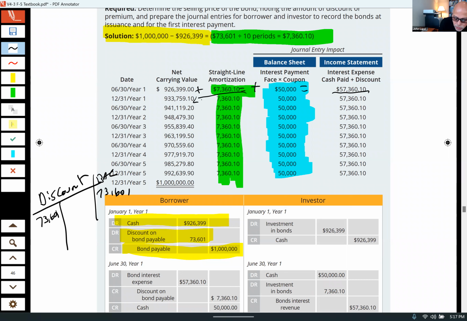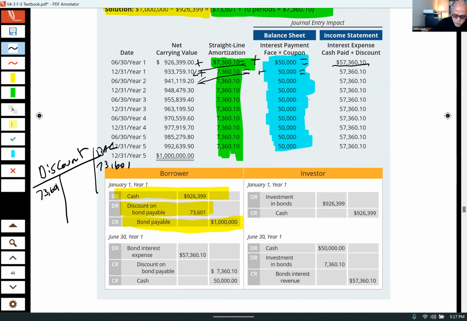I will continue to do that through these 6 months intervals, as I add that discount amortization to the previous carrying amount to come up with the new carrying amount for the next period. And again, my interest expense, as we saw earlier, remains the same.